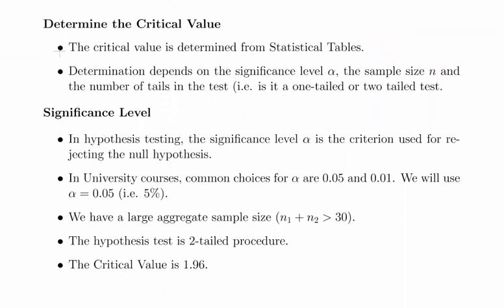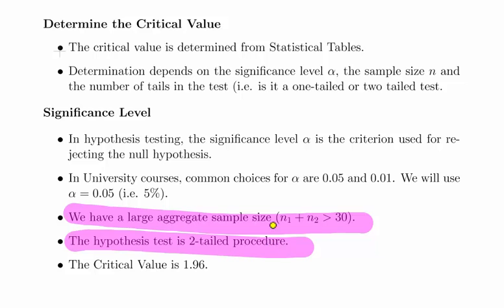Now, there's a lot of work here in terms of calculating critical values, and I'm not going to get into it in great detail. There are a couple of key considerations. First off, we're dealing with a large sample. The aggregate sample size is greater than 30. It's a two-tailed procedure. We're told that the significance level is 5%, which would be fairly common in undergraduate statistics courses.